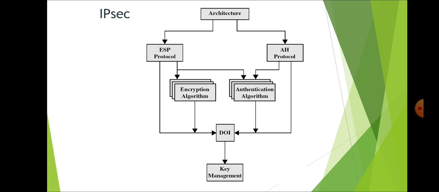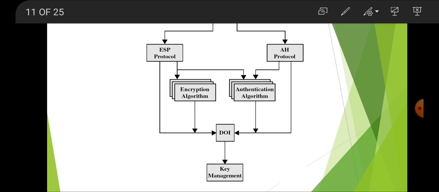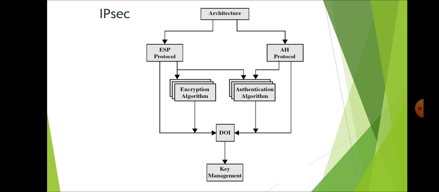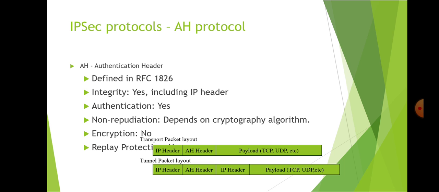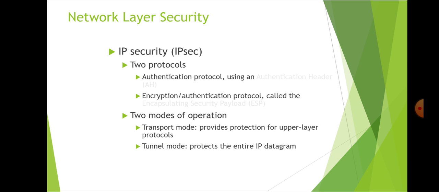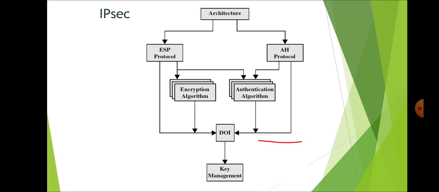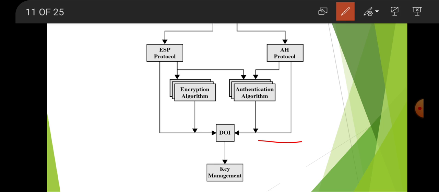Now here is some architecture of IP security that I have shown. While using this architecture, two protocols are used, the ESP protocol and the AH protocol, which are the encryption protocol and the authentication protocol.